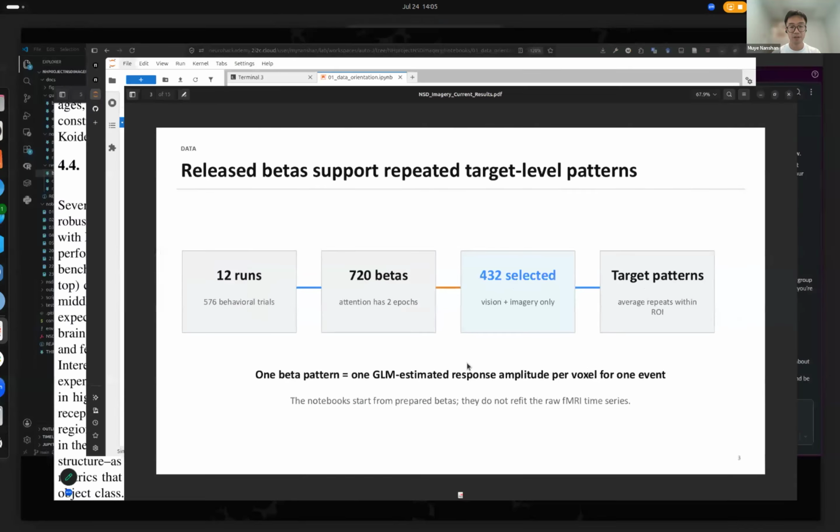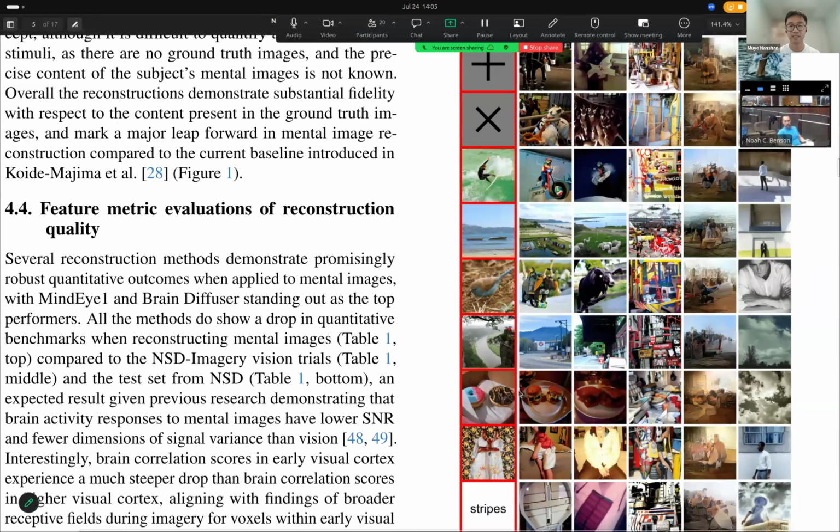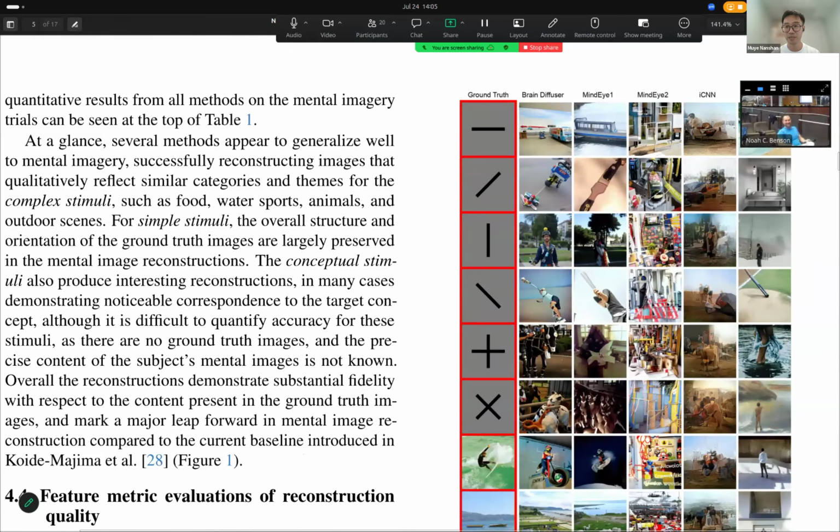Let me pause for a little bit, in case you haven't seen the original paper. I would say the original paper is much cooler than my work. In the original paper, they first learn a fancy model mapping the brain responses to the actual images, and see whether that model can recover the signal in imagery, and what picture can be recovered from your brain signal when you're just imagining it.